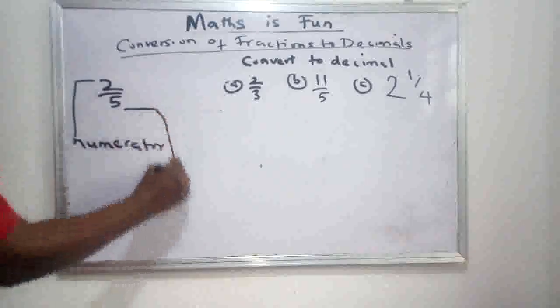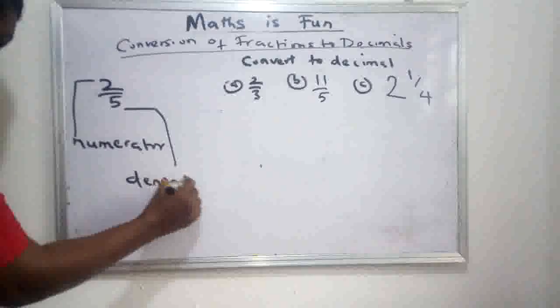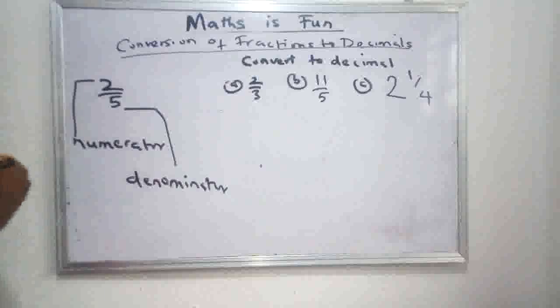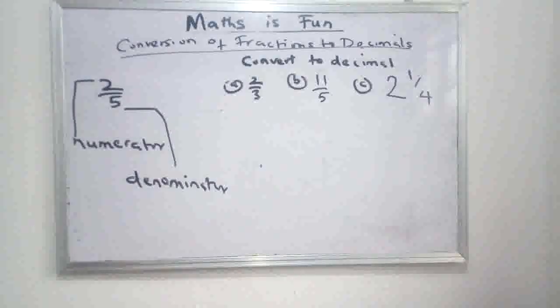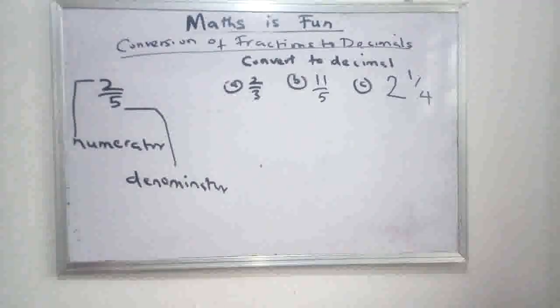This one down here is called the denominator, and this sign in between is called the sign of divisibility, that is the divide sign. So any number that you see that appears in this form, of course, is a fraction.